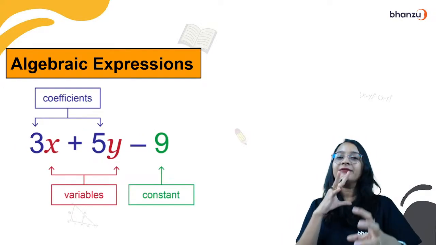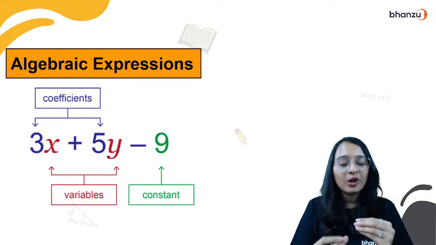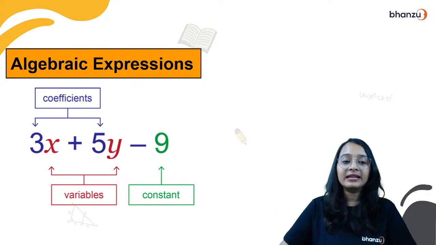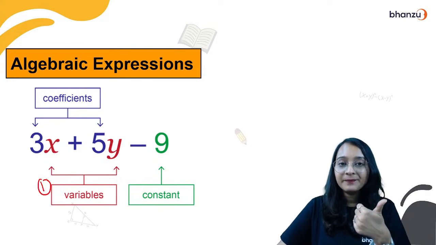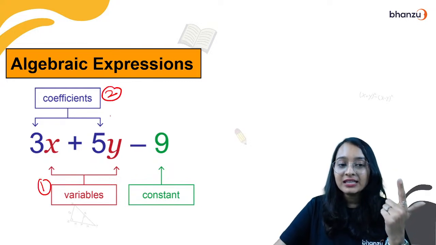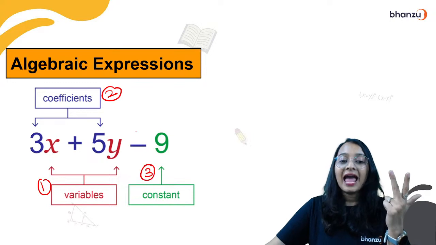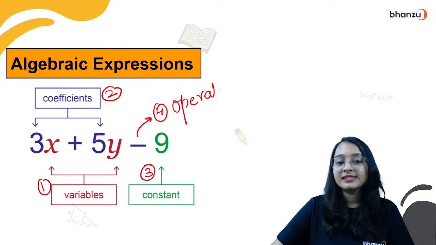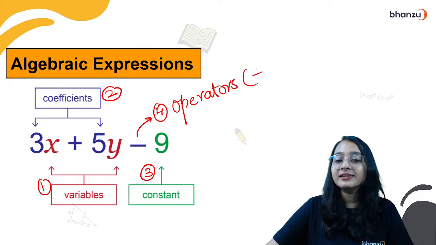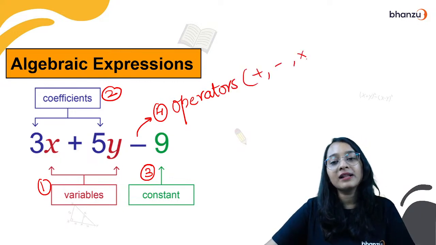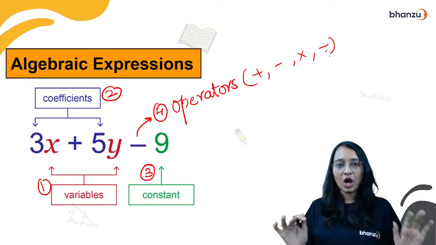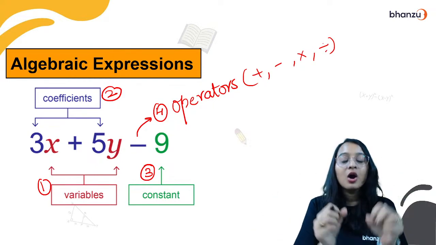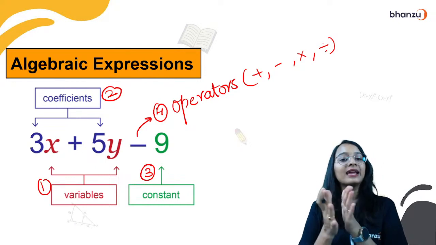There are a few ingredients that you require to make an algebraic expression. You need variables, you need coefficients, you need constants, and the fourth one is you need operators. What are your operators again? Addition, subtraction, multiplication, division, these operators. So these four ingredients together will form an algebraic expression.